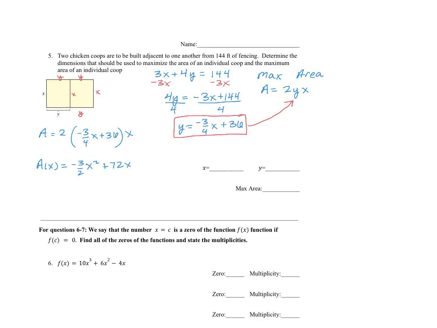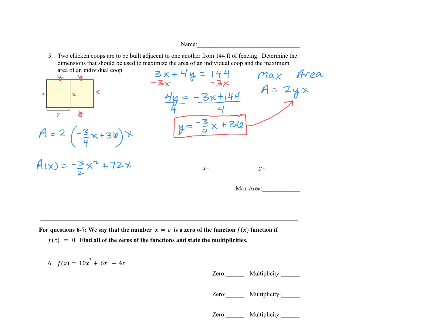And what that says is when I have a measurement of x and I substitute it in, I'll calculate the area of the two coops put together. So the next thing to do is now think about how this looks. If I have x equals 0, which means I have a flat coop, I have no area.